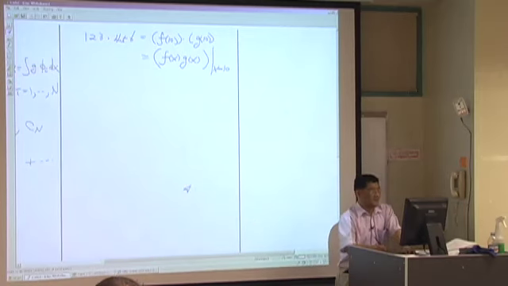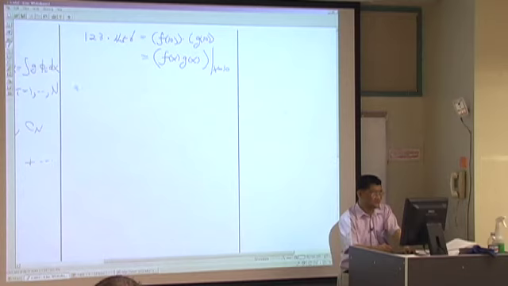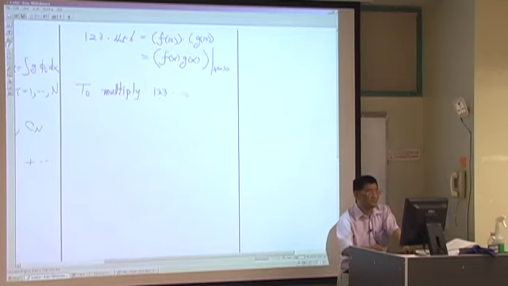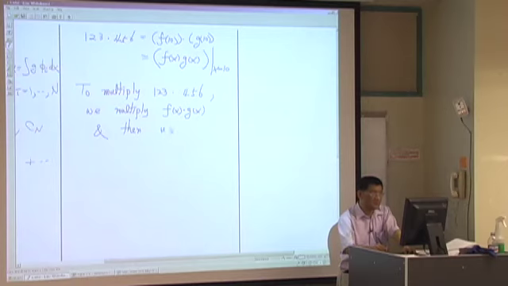Then to multiply two functions, to multiply two numbers, we can multiply f of x and g of x, and then, this part is important, use this substitution, right?